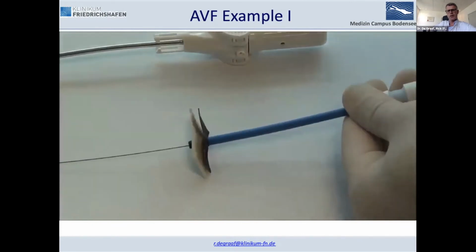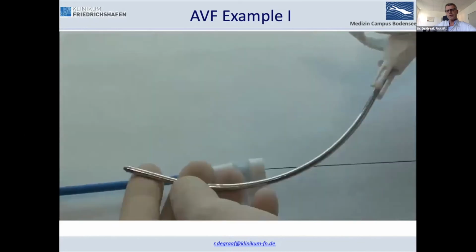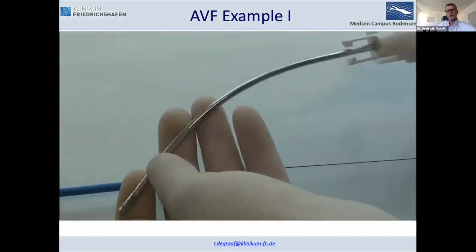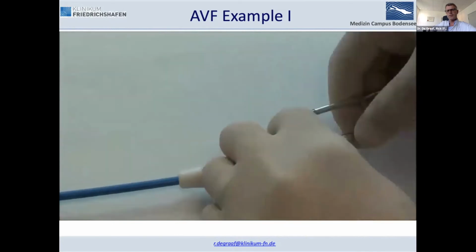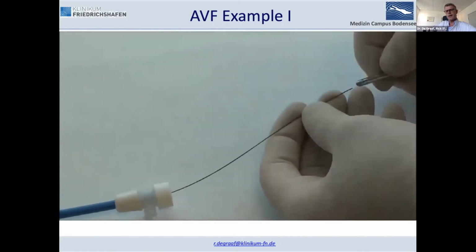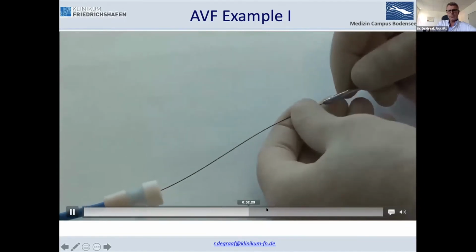Of course, you can do that with a sharp needle. And then put a sheath through there, and then with such a device going through that orifice that you created, you place some kind of disc.